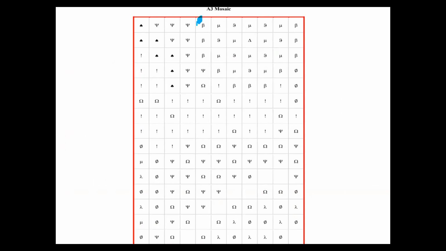So I see the beta right here, just color it blue.